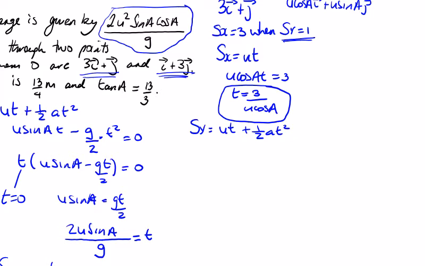So displacement in y is going to be u sine alpha by t, which is 3 over u cos alpha. Then we're going to have minus 4.9. The g, I think we could leave the g's out here. 4.9 by t squared, which is going to be 9 over u squared cos squared alpha.